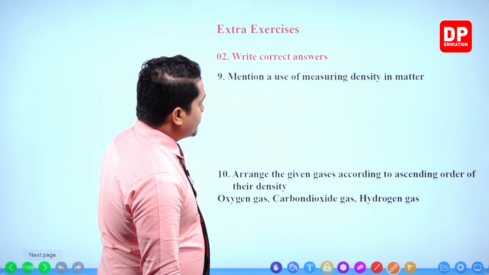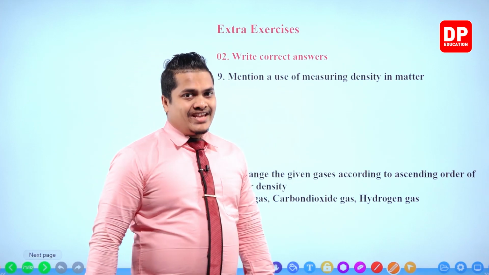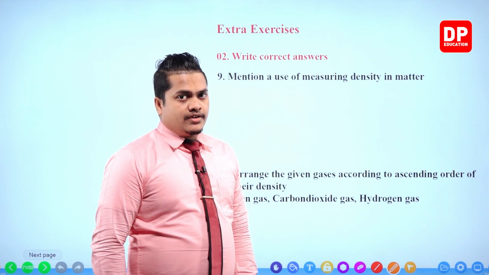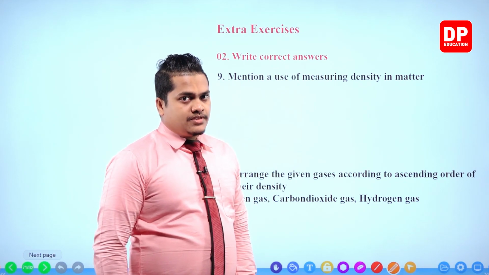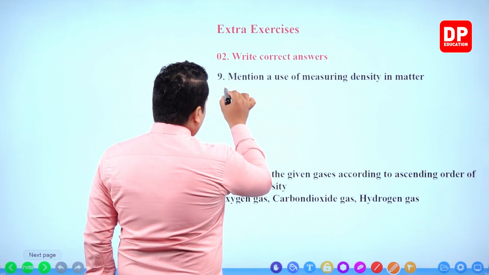Mention the use of measuring density in matter. You know that by measuring the density, we can check whether a substance is a pure substance or not. So our answer is quite simple.